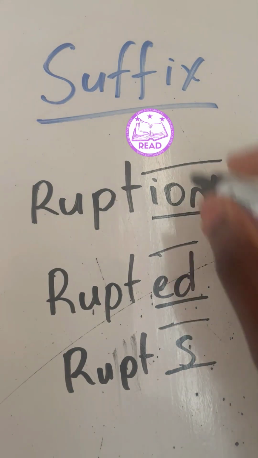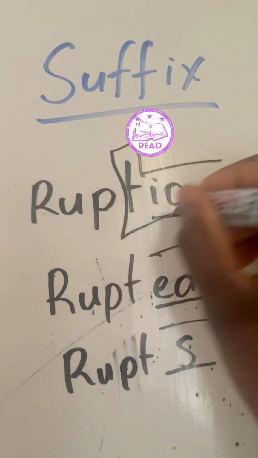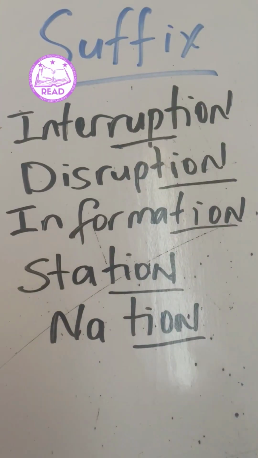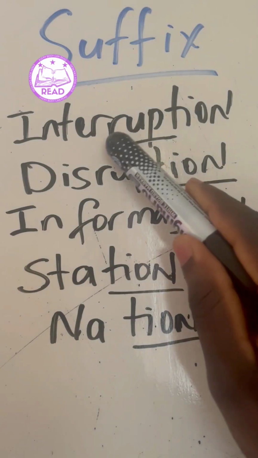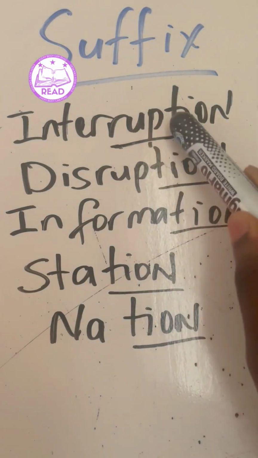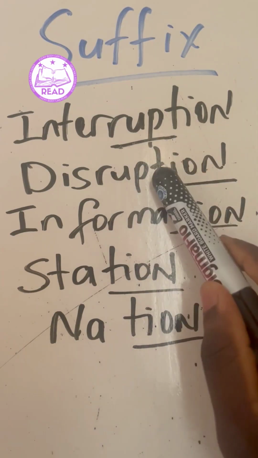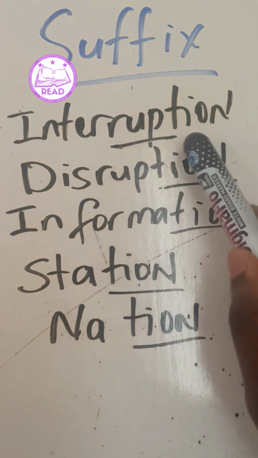What I am so focused on is this tion. This is what we really are focused on. So let's zoom into that. Again, these are just a few words, and you see we even have the same base root word that we talked about earlier, rupt. But that's not the focus.